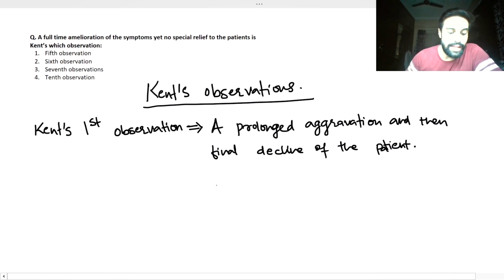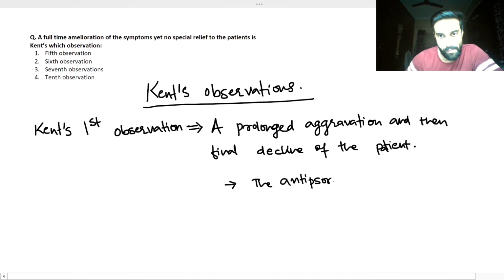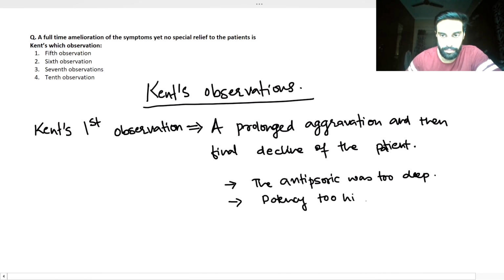Reasons may be that the antisoric was too deep, the potency was too high, or the case is an incurable one.